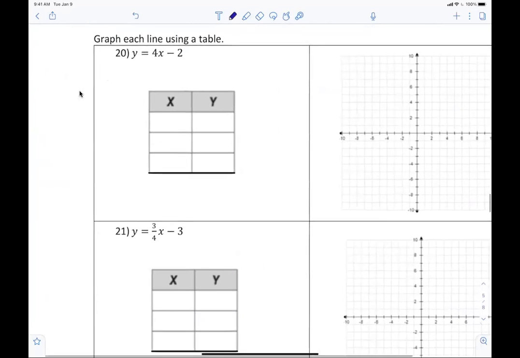All right, now for 20, here's where you can kind of use your calculator. Look at the table. Graph it out. So what 3 numbers are we using here? -1, 0, and 1.